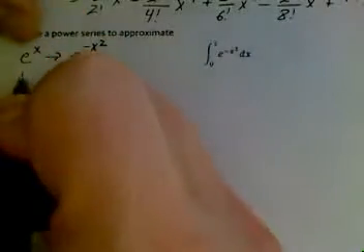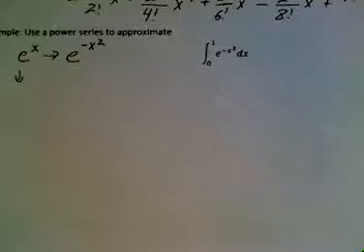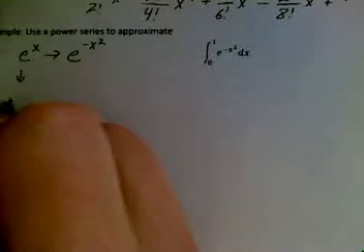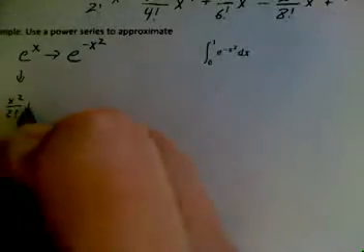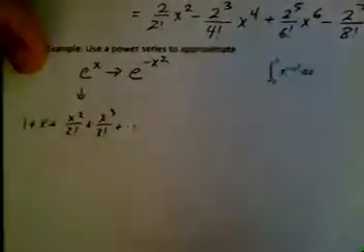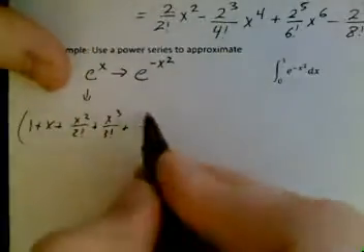Well, because e to the x, if I replace x with a negative x squared, that's what I'm seeing here. Okay, so what I can say is that e to the x, now I've got to remember that power series. That power series is actually 1 plus x plus x squared divided by 2 factorial plus x to the power of 3 divided by 3 factorial plus dot dot dot. Again, that's what e to the x is.